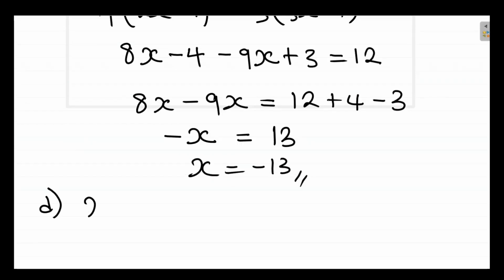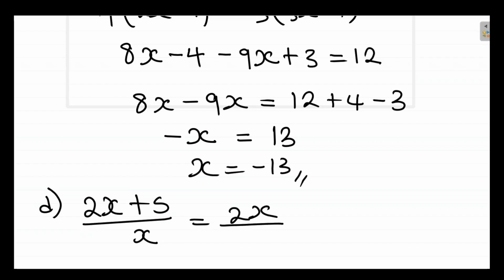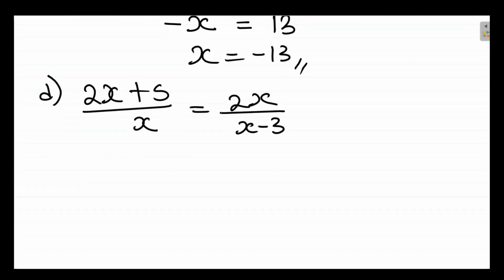D says that 2x plus 5 divided by x is equal to 2x divided by x minus 3. Now at this point, what we have to do is to cross multiply.